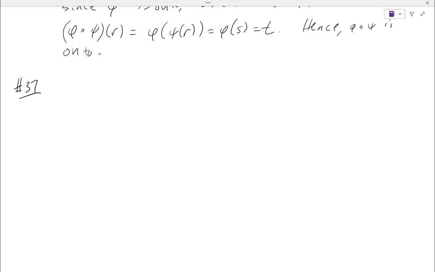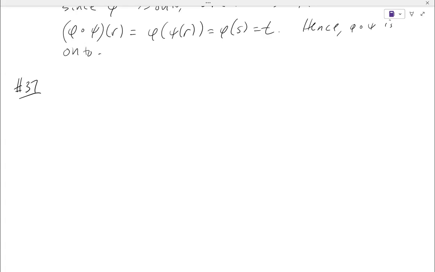So, do we remember what an idempotent is? I've mentioned it before. Potent refers to power, right?